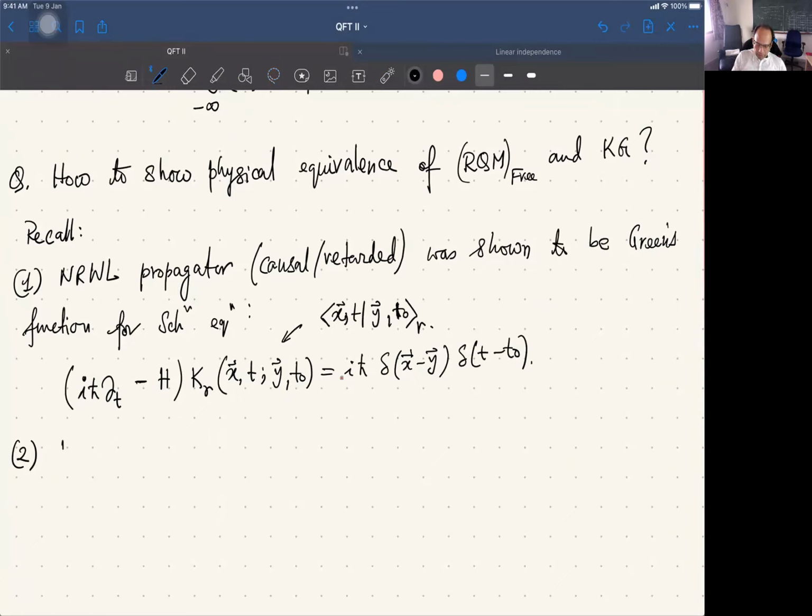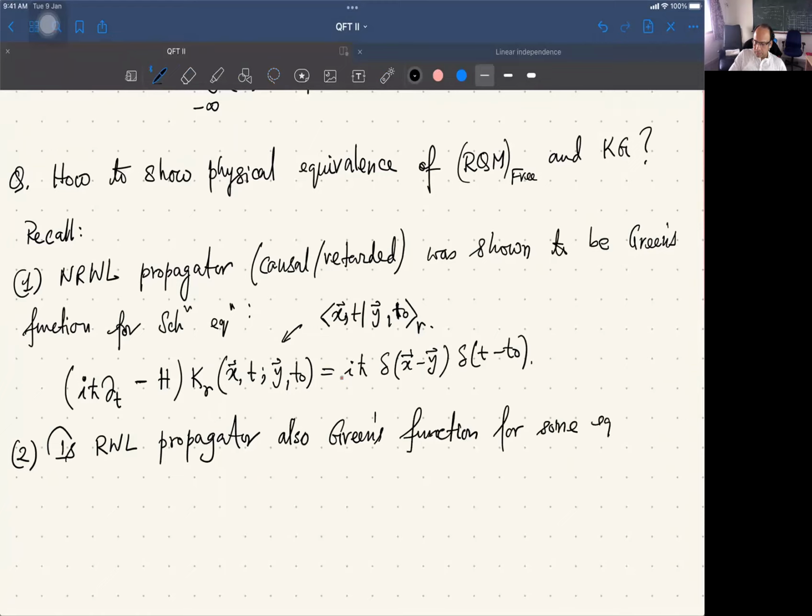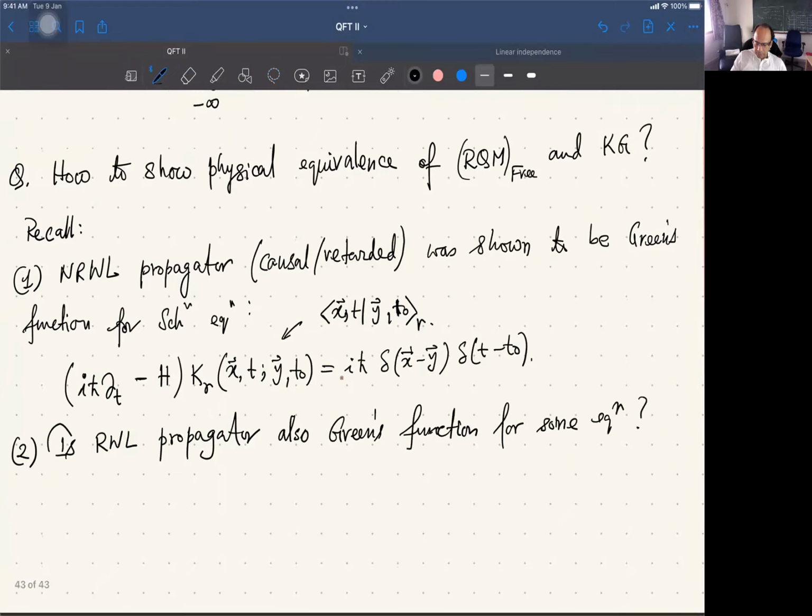So the natural question is whether the relativistic worldline propagator is also a Green's function for some equation. What is that equation, if it is?